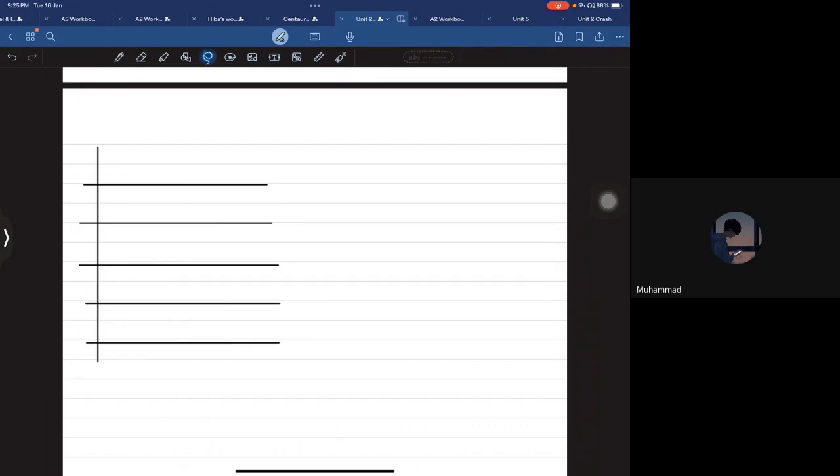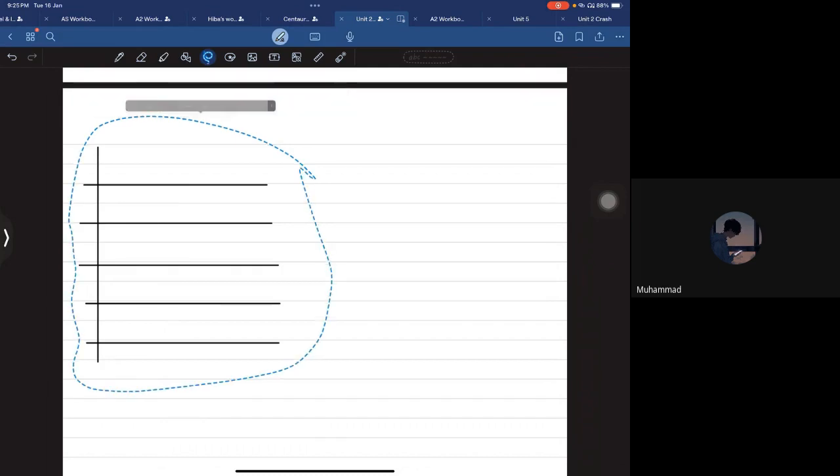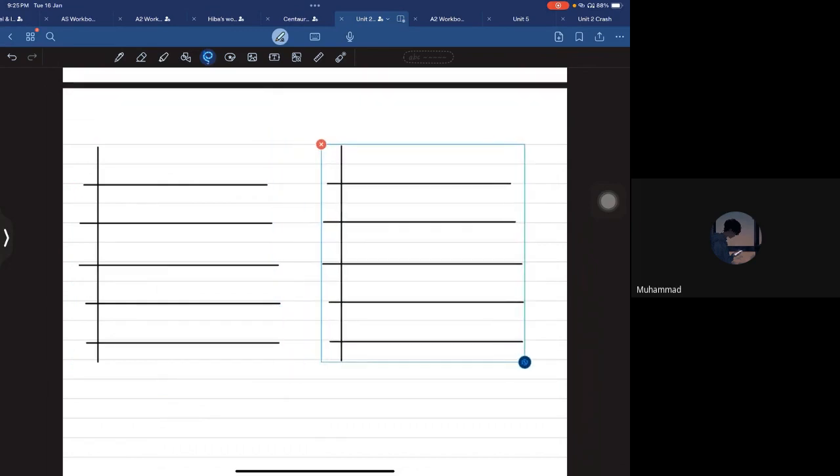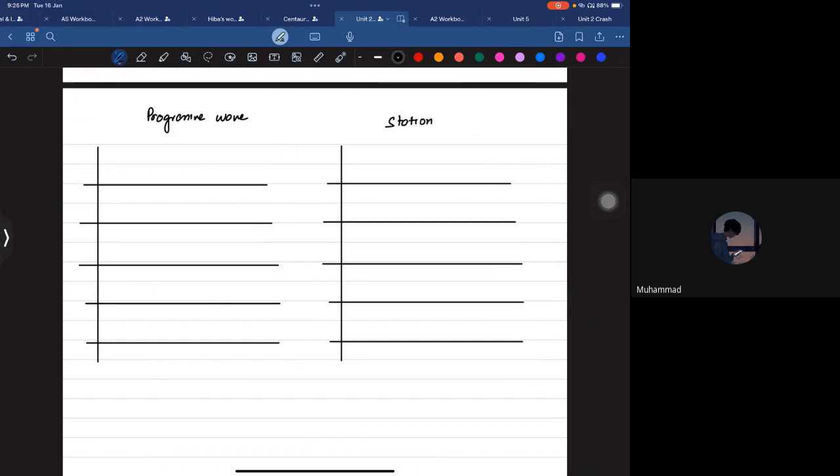And then you need to draw another one right here. This is the progressive wave, and this is the stationary wave.